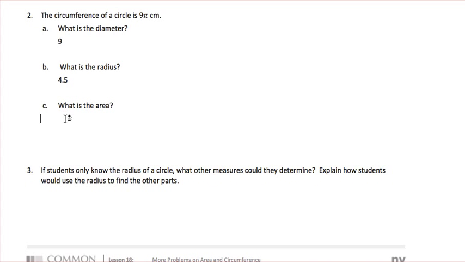And then our area would be radius squared, which is 20 and 25/100 times pi. And these are centimeters squared.